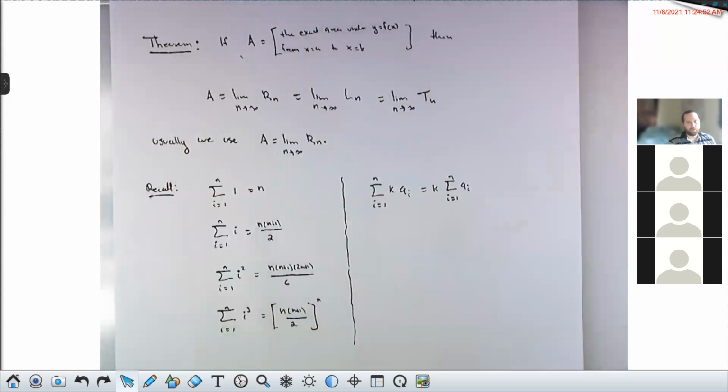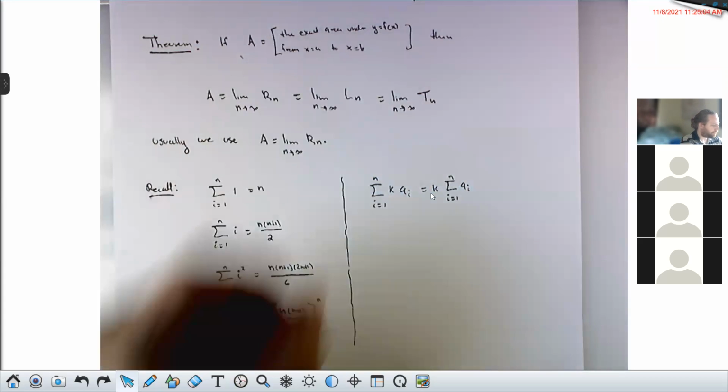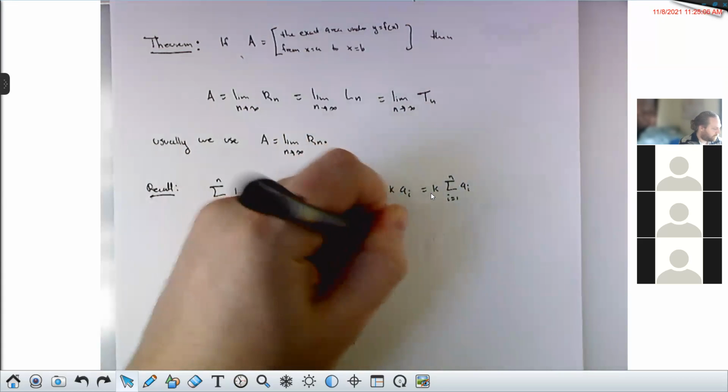So the a_i here could be anything. It's just some function of i, just some stuff that has i's in it. So if you've got a constant multiplying inside your sum, that constant can be popped out.